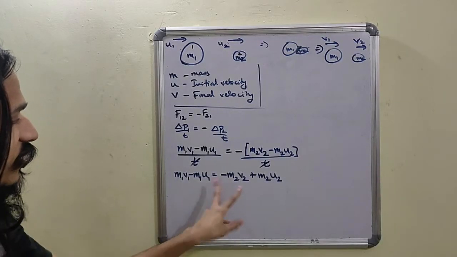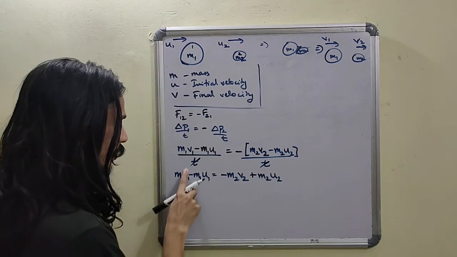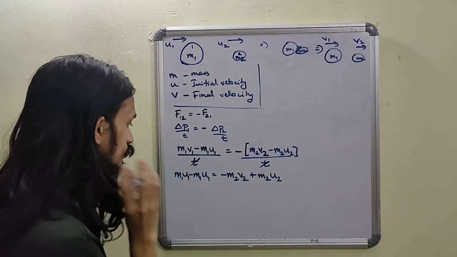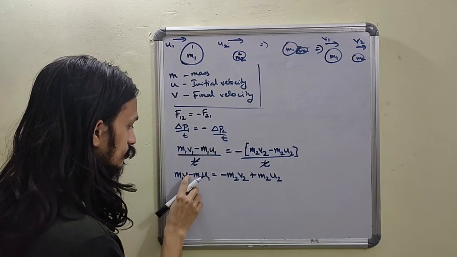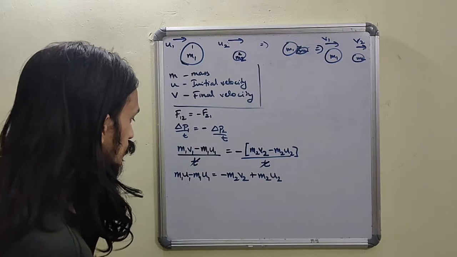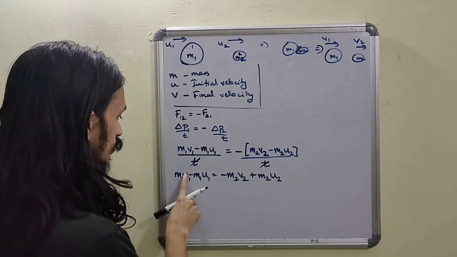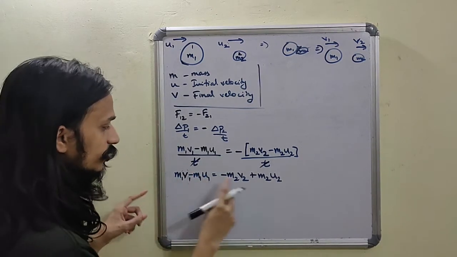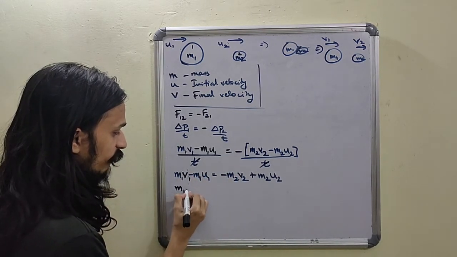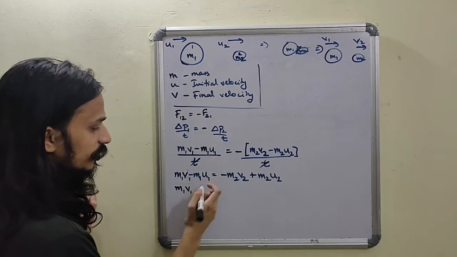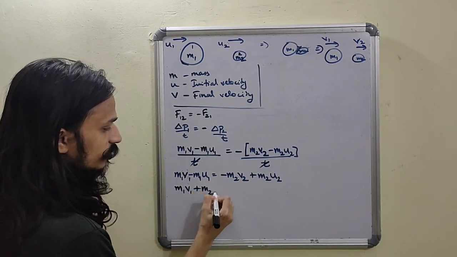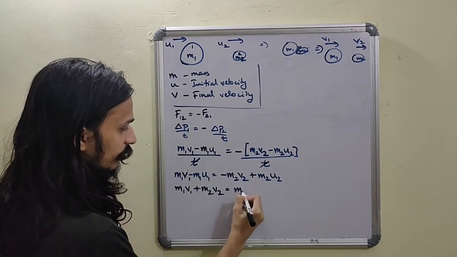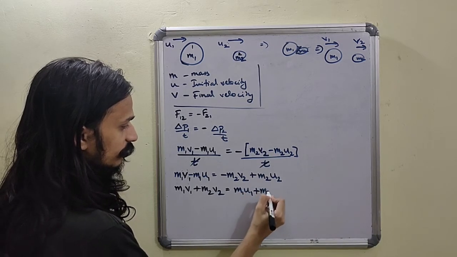Both of them have a negative, so I will move them to the other side. This is v, not u, sorry. Now I'll move the negative that side: m1 v1 plus m2 v2 equals m1 u1 plus m2 u2.